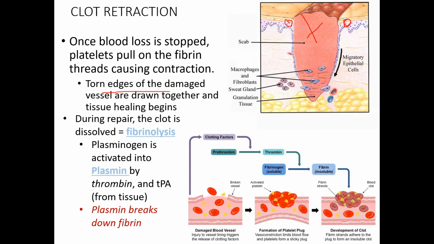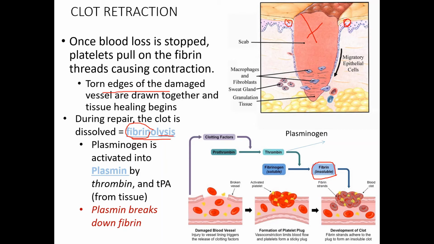And so during the repair process, the clot is literally dissolved, and this process is called fibrinolysis. So it's literally lysis, or like the exploding, the breaking down of fibrin, right? Fibrin is what actually makes the clot, and it's what we need to get rid of the clot. And so actually kind of a wild process here. Plasminogen is yet another one of these inactive circulating proteins within the plasma.